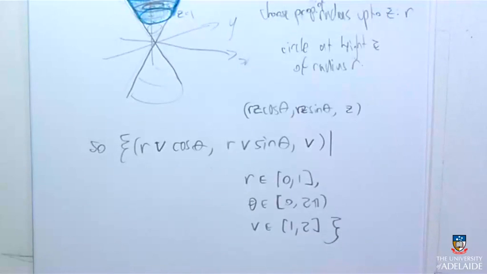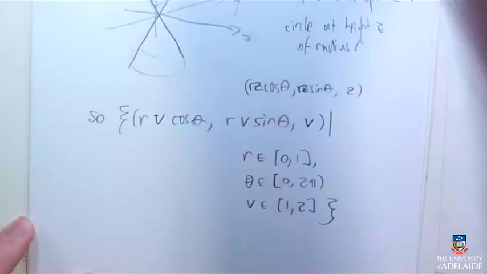I could have specified that the r is based on the z, and that would have been okay, and I would have been able to do my integral that way. But this is just going to make my integral easier, because all my variables are independent of each other's choice. Beautiful. Okay.